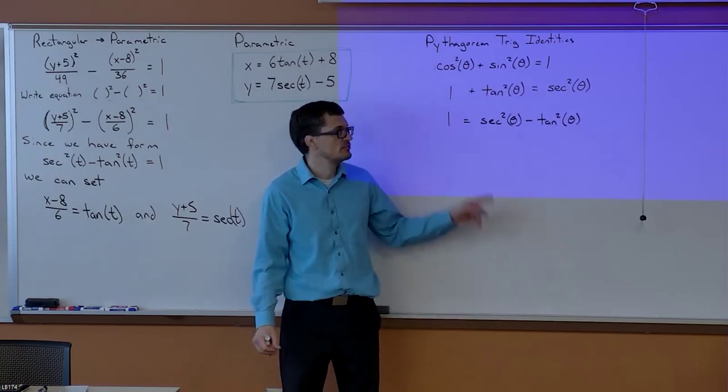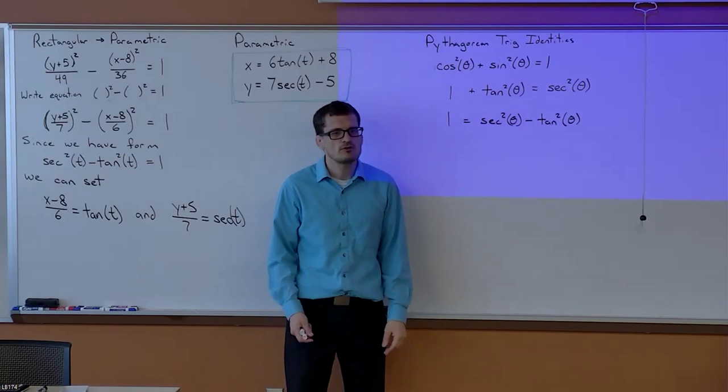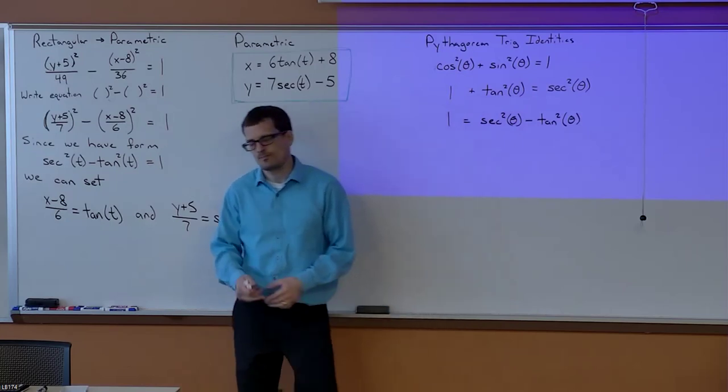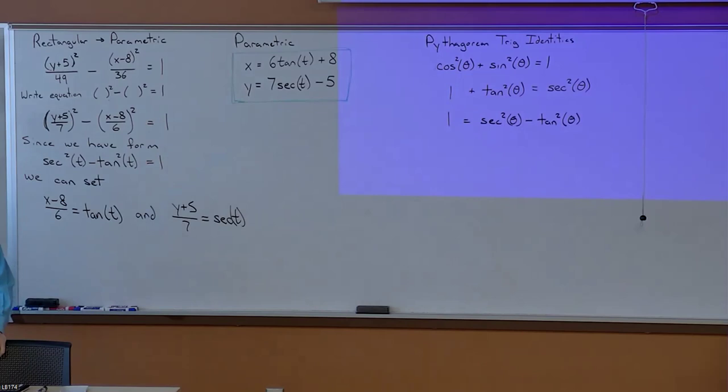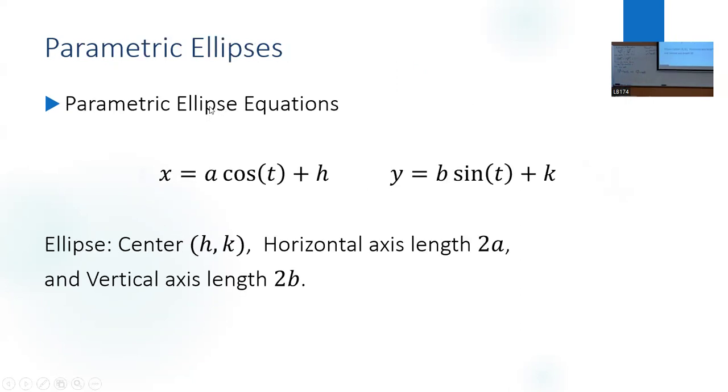But these are the ones that are important and connect back to conic sections, so those are the ones we're going to deal with. But I don't want you to think that's the only type of substitution you can do with parametrics. There are all kinds of different identities, both algebraic and trig, that you can use.